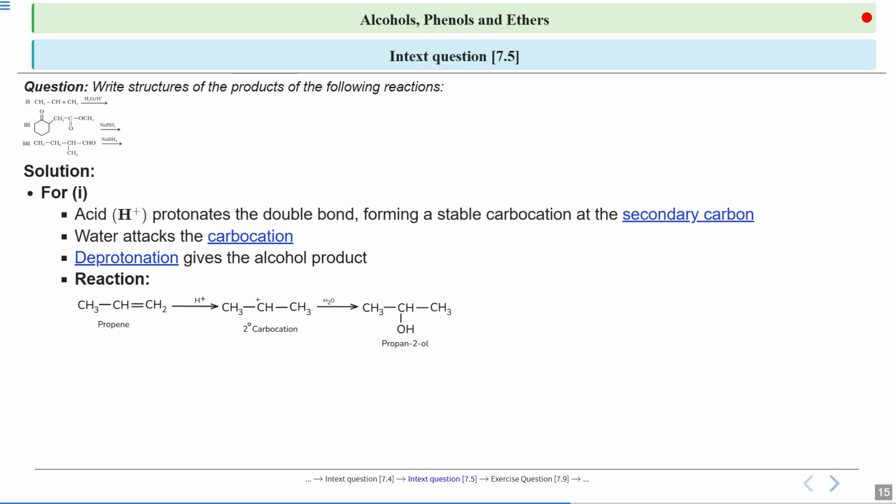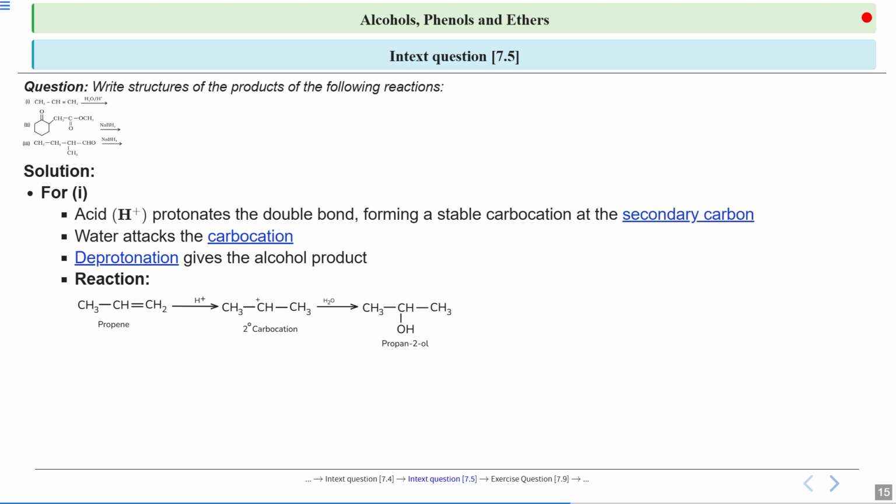I hope you understand that first, acid catalysis happens over the propene. The double bond gets protonated and a secondary carbocation forms. Then the water molecule stabilizes the positive charge of the carbocation and forms a protonated compound. That protonated compound has an O positive, right?